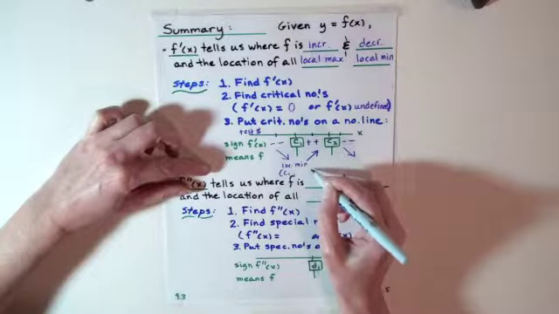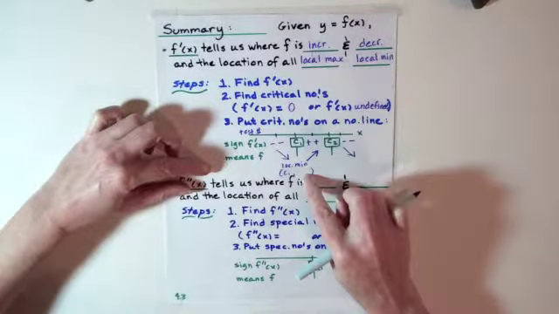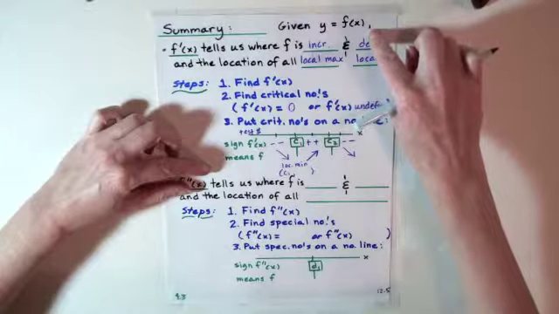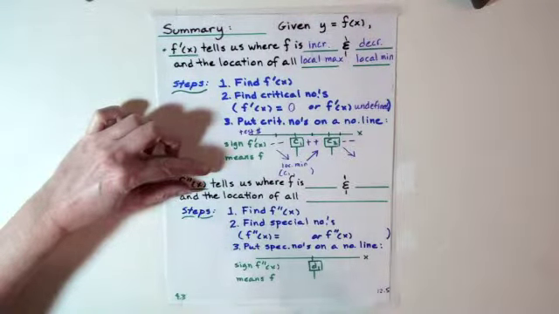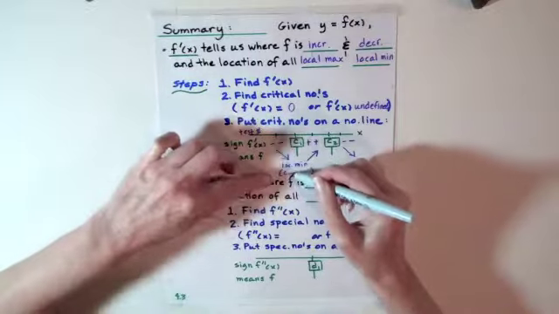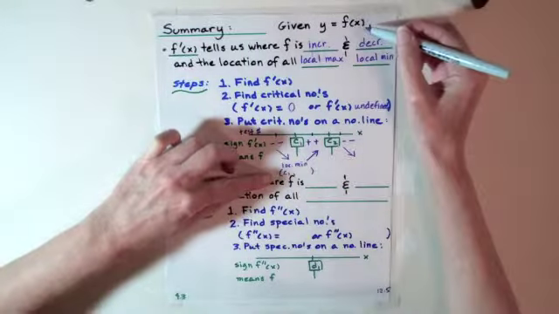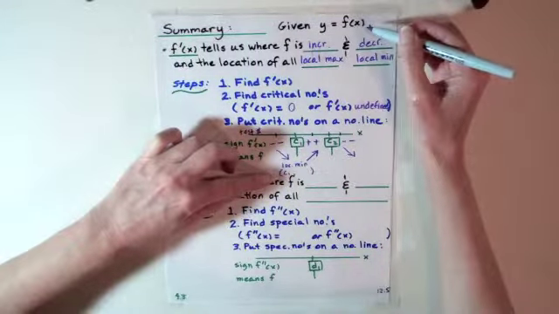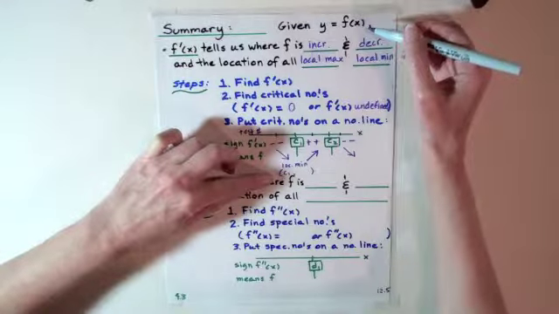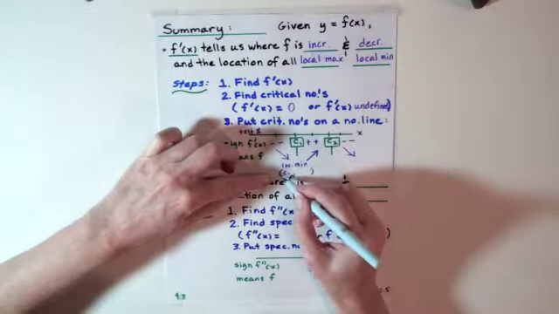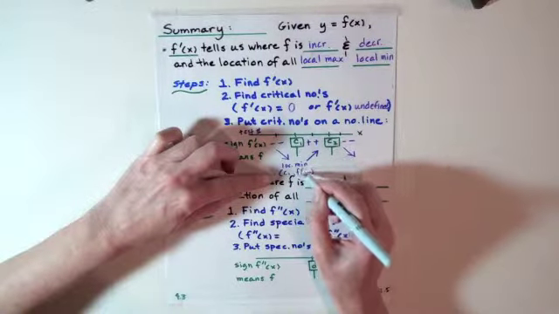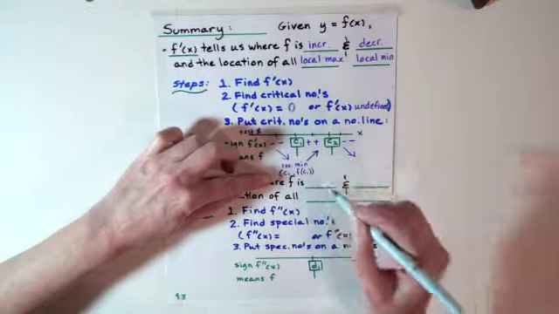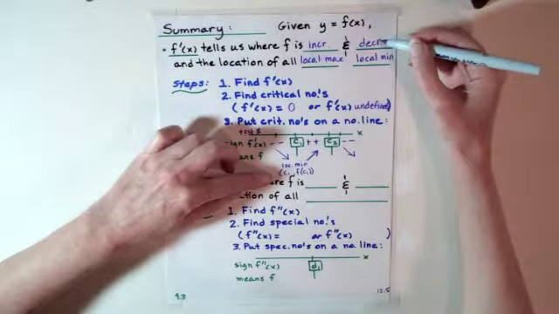And how did we find the corresponding y-coordinate for a point on the graph of y equals f of x so that we could actually plot this local minimum? Remember what we did was we took the C1 and plugged it back into the original function precisely because we want a point on the graph of the original function. So if C1 is the x-coordinate of the local min, it's easy to find the y-coordinate. All you do is plug back into the original f.